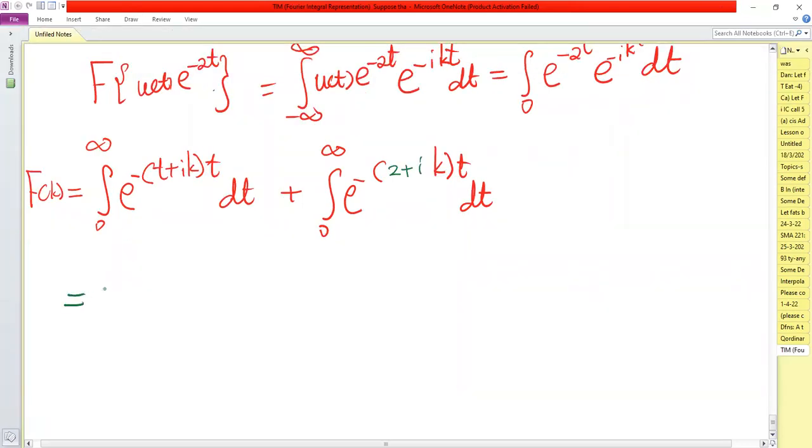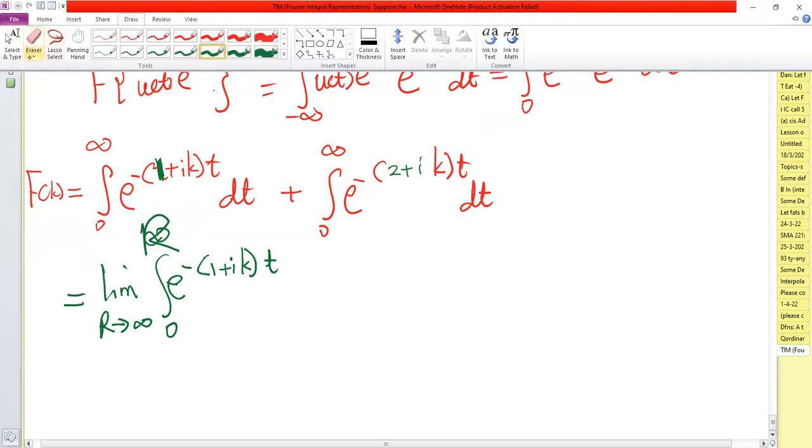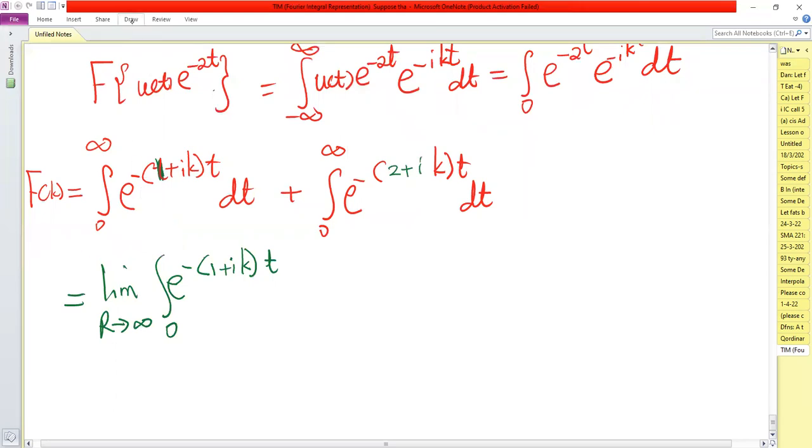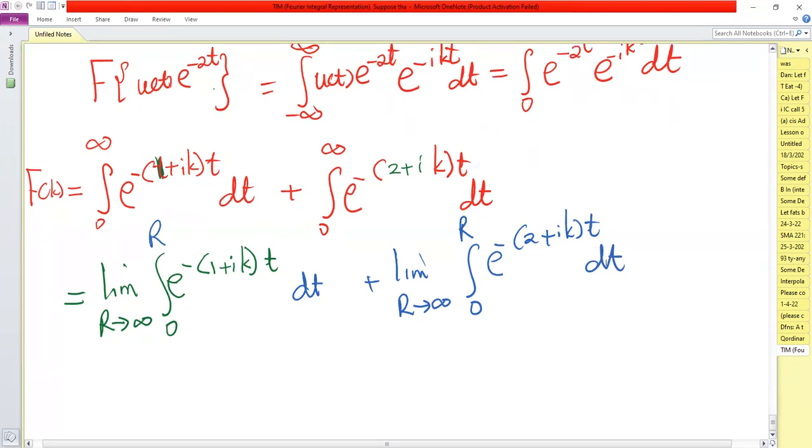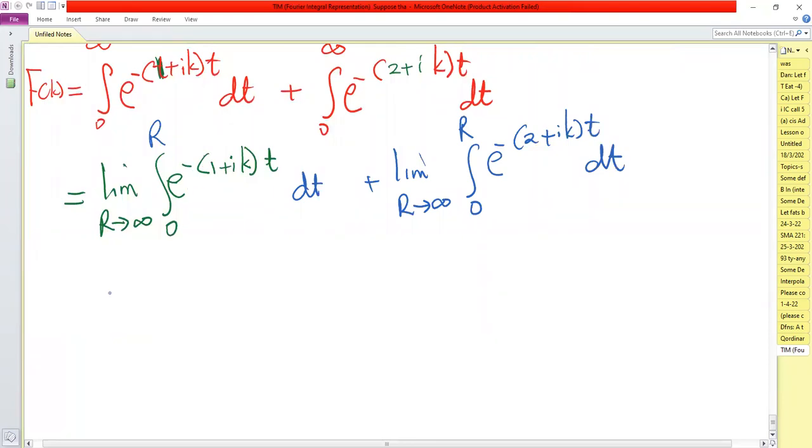This can be written as the limit as r approaches infinity of the integral from 0 to r of e^(-(1+ik)t) dt plus the limit as r approaches infinity of the integral from 0 to r of e^(-(2+ik)t) dt.